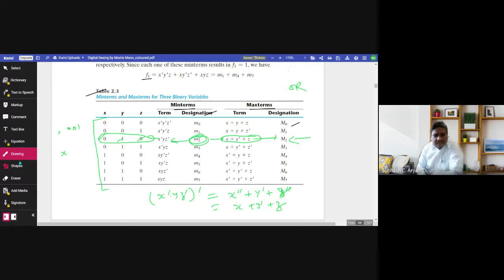It's not like that. Look here, it is assigning some weight: 2 to the power 0, 2 to the power 1, 2 to the power 2. 2 to the power 0 means 1, 2 to the power 1 means 2, 2 to the power 2 means 4. So Z is least significant, Y is higher, and X is highest.